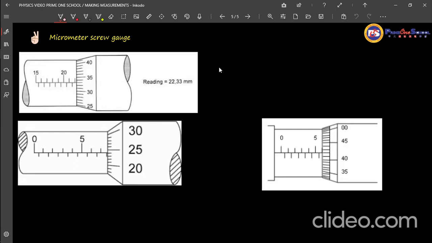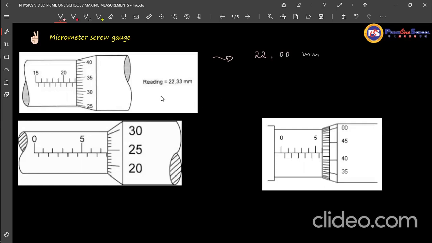Okay, so I want to read this one. Okay, for the main scale, look at this. This one is 15 millimeter, 16. This is 15.5, yeah. So 15.5, 16, and 17, 18, 19, 20, 21, 22. So this one is the main scale, 22.00 millimeter.